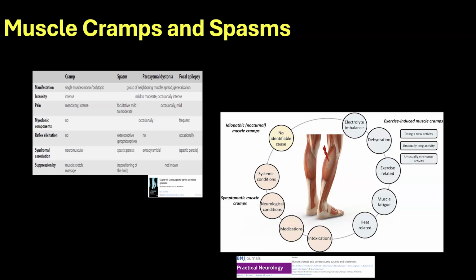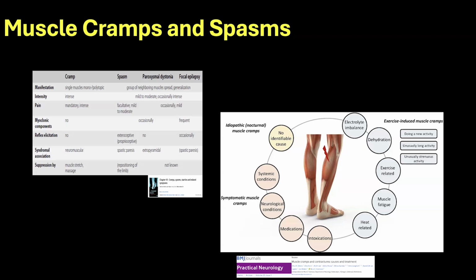Cramp is what is most commonly felt in CMT, and these cramps usually involve one muscle. They may involve one or two muscles. They're almost always painful, almost always intense, and almost always a short duration.